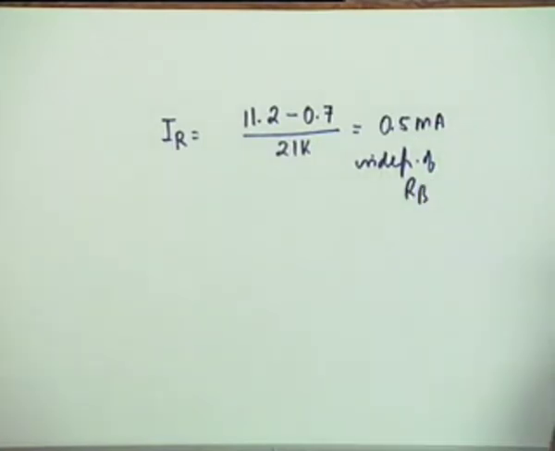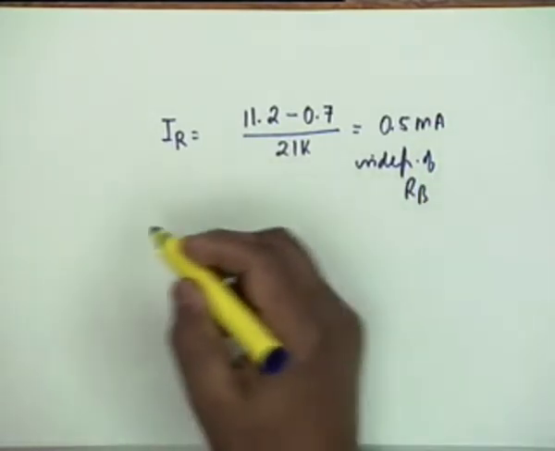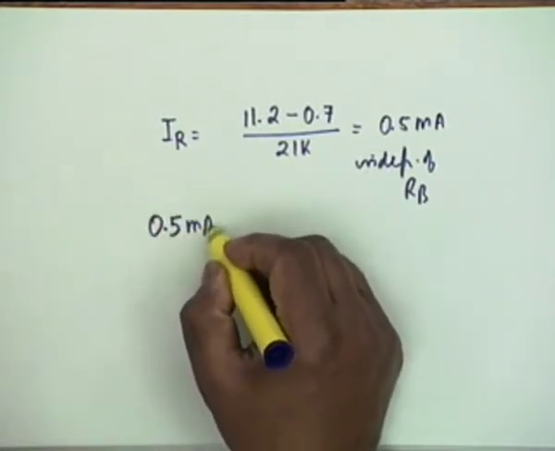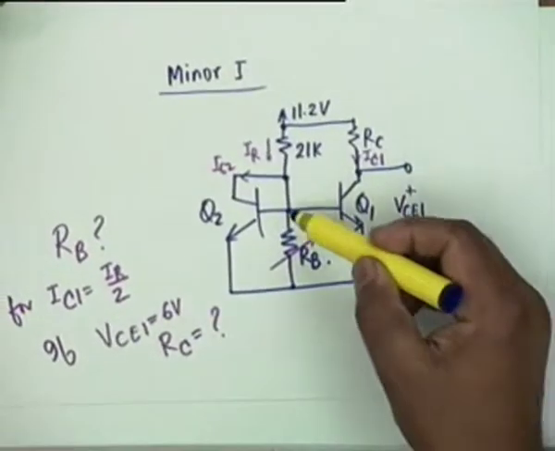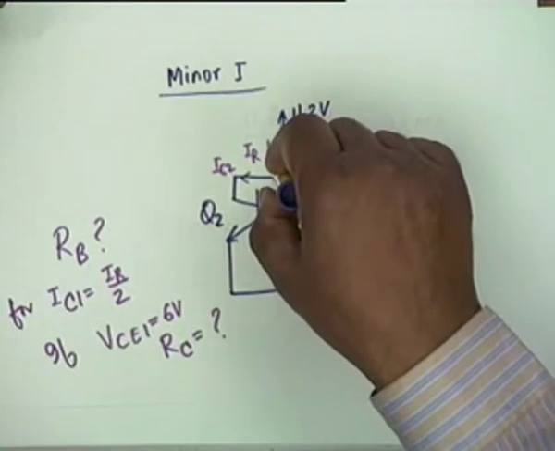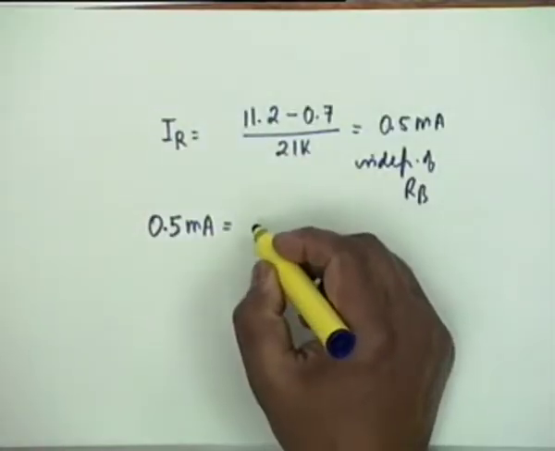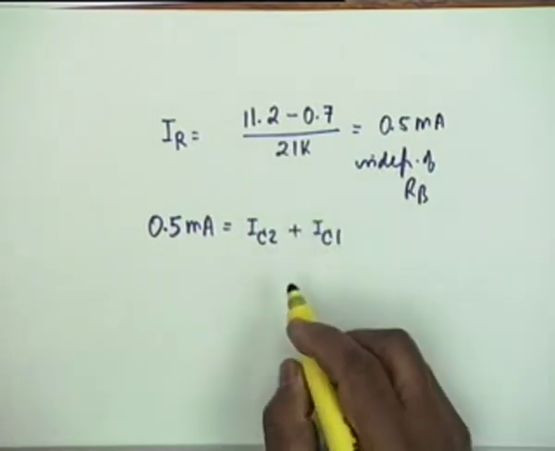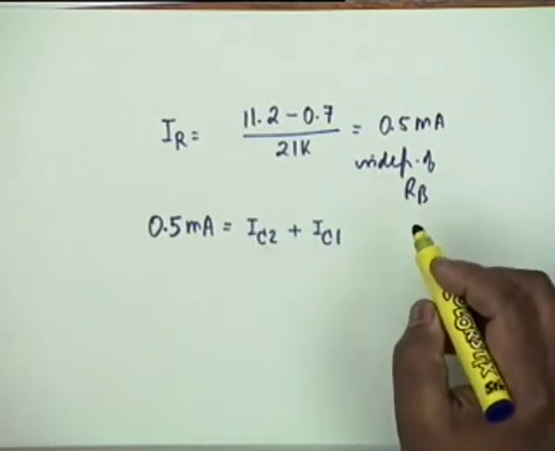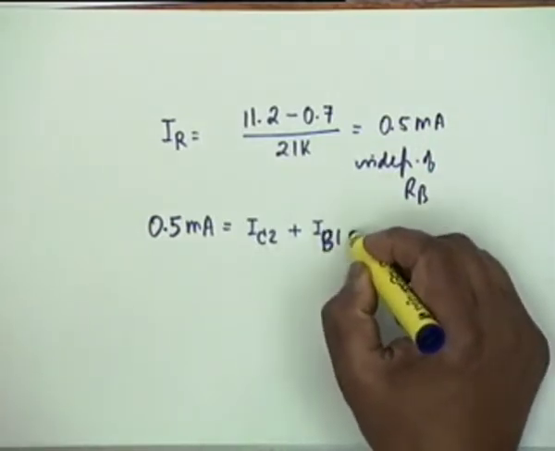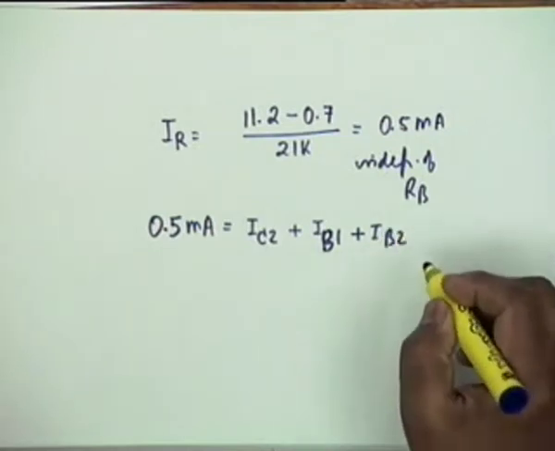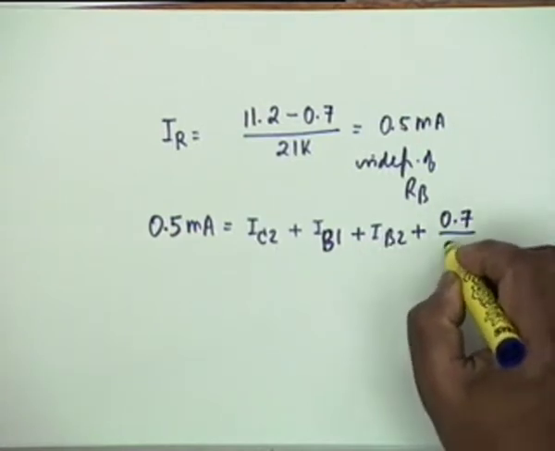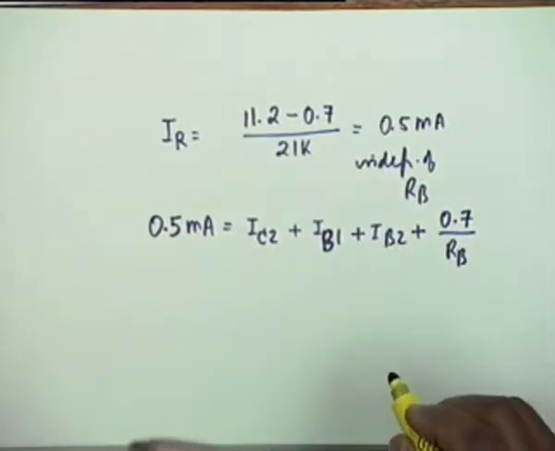On the other hand, 0.5 milliampere, that is this IR, if I write KCL at this node, this would be equal to I sub B1 plus I sub B2 plus IB, which is equal to 0.7 divided by RB.